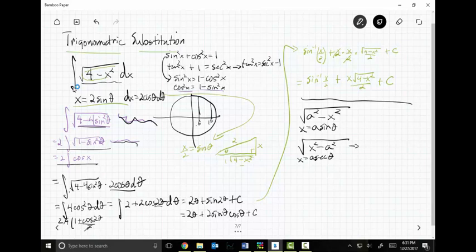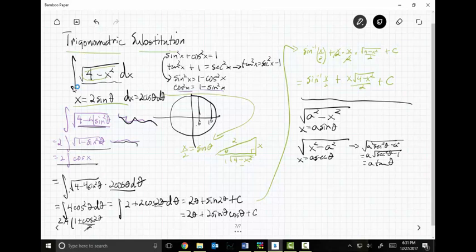This turns into the square root of a squared secant squared theta minus a squared, which turns into, notice I can factor out the a squared, so I will get a times the square root of secant squared theta minus 1. The whole thing turns into a tan theta. That's some magic right there.